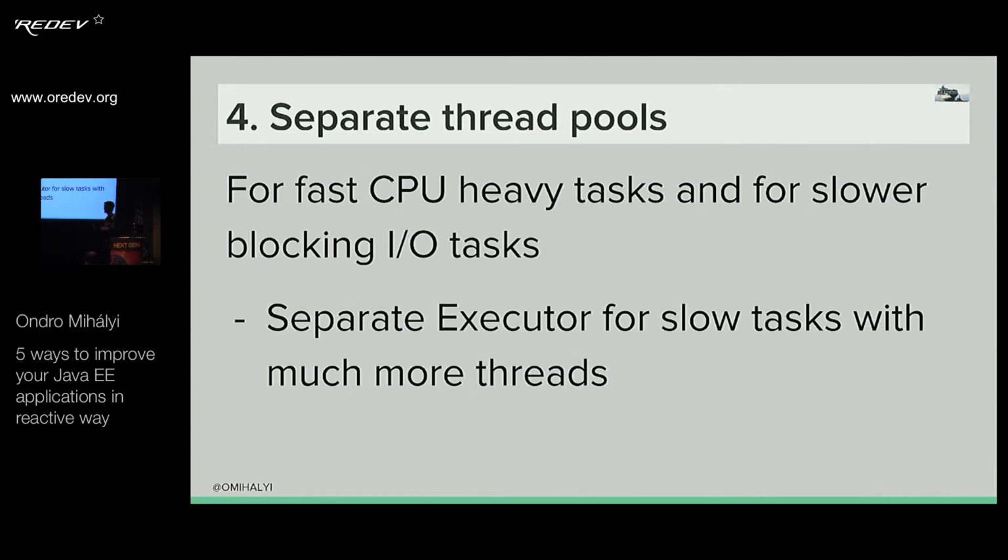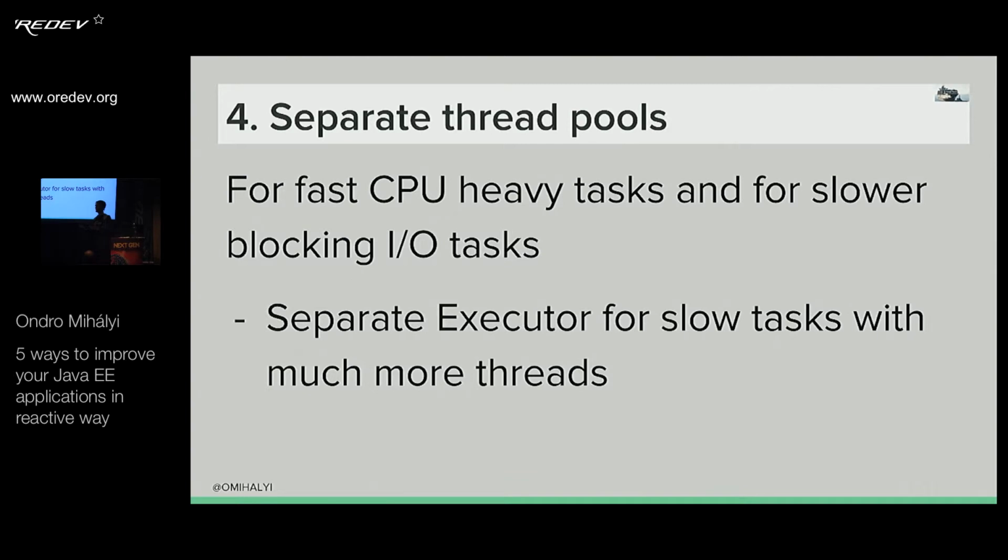The reason for it is that the reactive pipeline really relies on making short tasks which don't block, and then you can make the thread pool small so that there's not too much jumping between these threads. It saves CPU because every context switch stops the CPU for a while until another thread is started or resumed. And any task that takes too long would again cause the thread starvation I was talking about before.